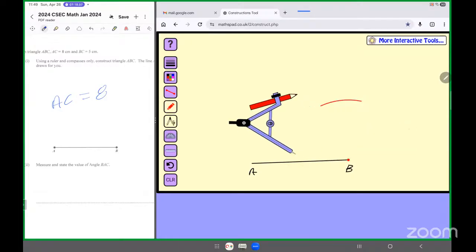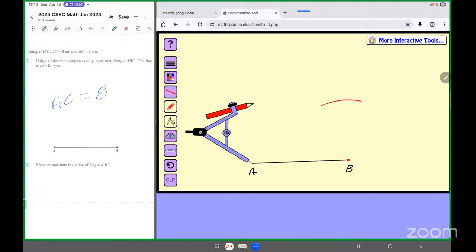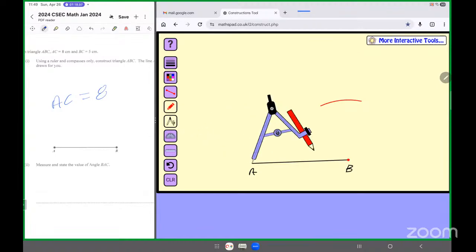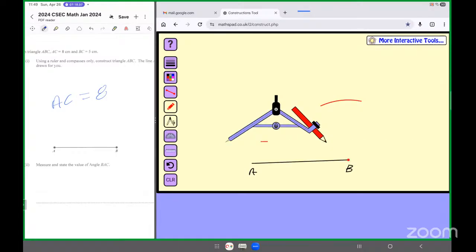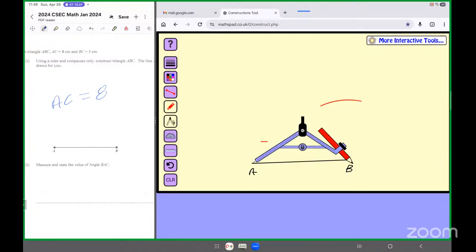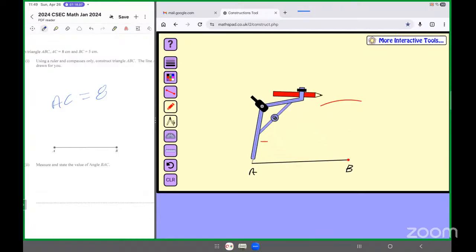All right, and from this end, I want 8 centimeters. So I've got to measure the 8 centimeters again with the ruler. Lock it, move the ruler, and from this end, I'm going to make an arc up here, crossing that one.